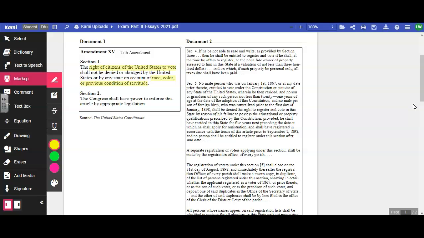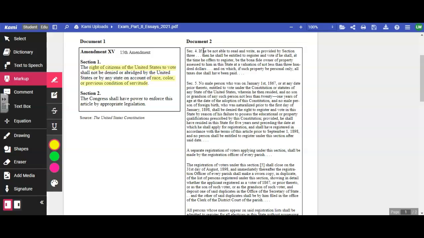It says, if he shall not be able to read and write as provided by Section 3, then he shall be entitled to register and vote if, at the time he registers, he is a bona fide owner of property assessed to him in this state at a valuation of not less than $300, and on which, if such property be personal only, all taxes due shall have been paid.